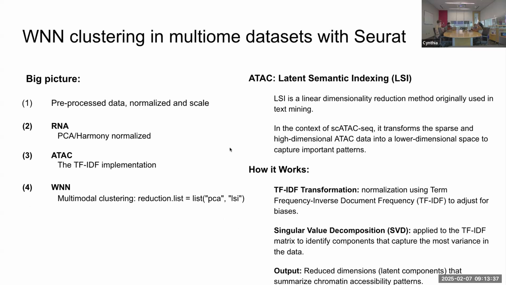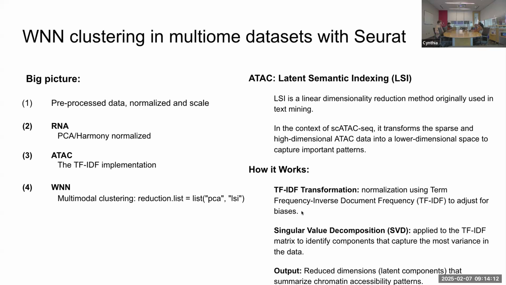Two things that are useful to understand when working with this: for ATAC, the most broadly used approach is latent semantic indexing. This is a linear dimensionality reduction method that was originally used for text mining. But in the context of ATAC, it transforms the sparse and high-dimensional ATAC data into a lower-dimensional space to capture important patterns. So it's analogous to the PCA for RNA.